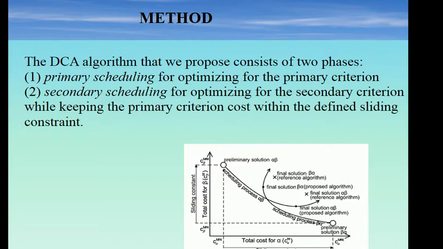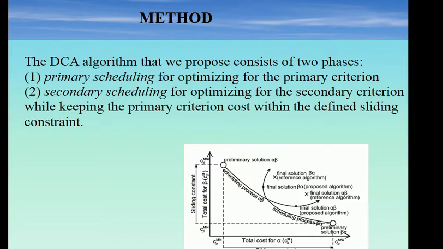So let's see the example of this graph. A sample scheduling process has 2 criteria, alpha and beta, considering both primary and secondary criteria combinations. The primary solution is the outcome of the primary scheduling, and the sliding constraint delimits the maximum area to be traversed in the secondary scheduling phase.